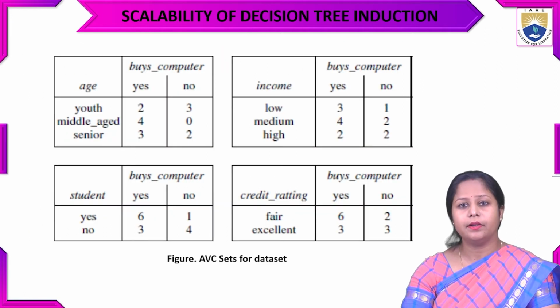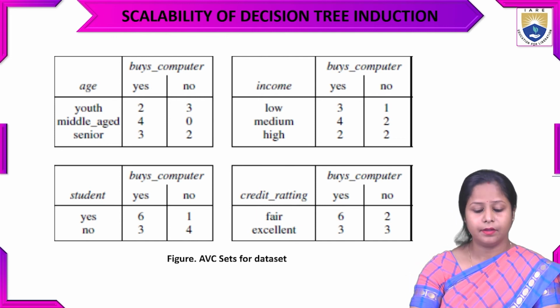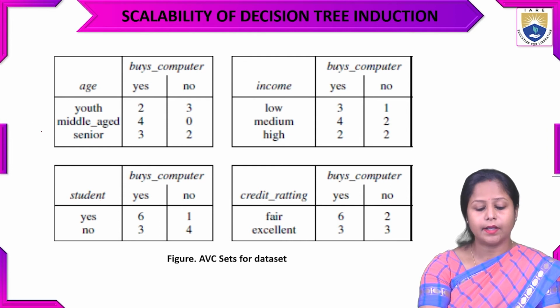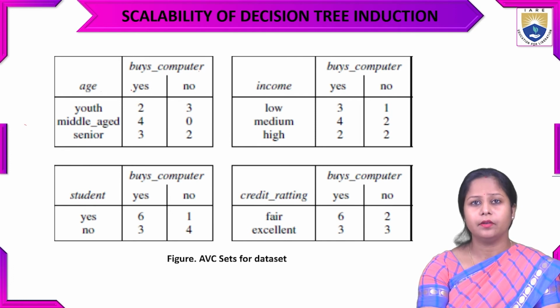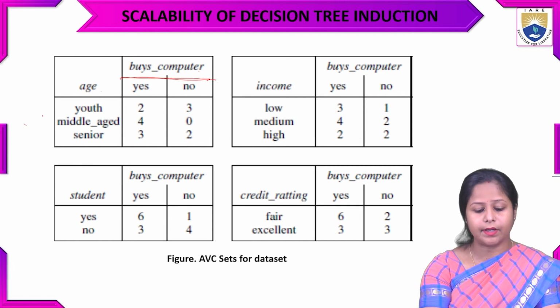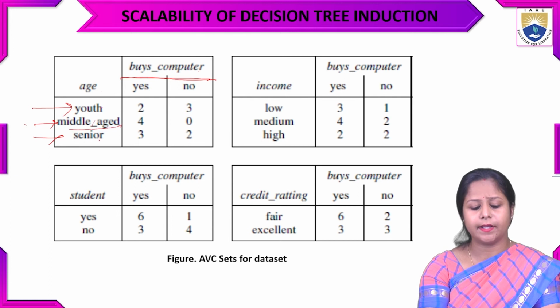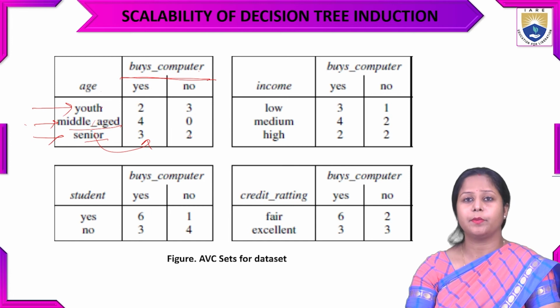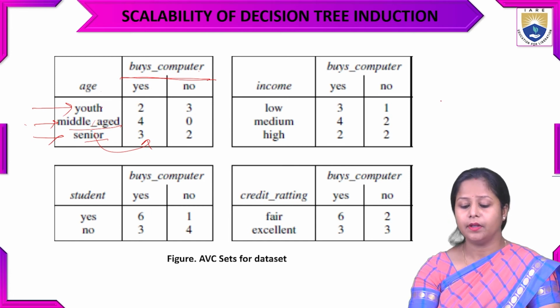This is an example in which we can see the AVC sets for a data set having four tables, right? On the left hand side, we have two columns, age and buys computer, with the labels yes and no, and the rows youth, middle aged and senior, with the values for the respective classes.